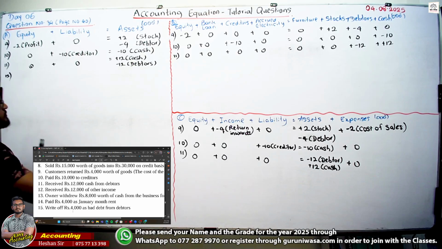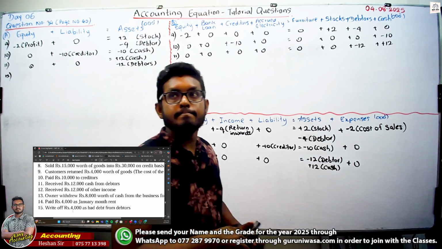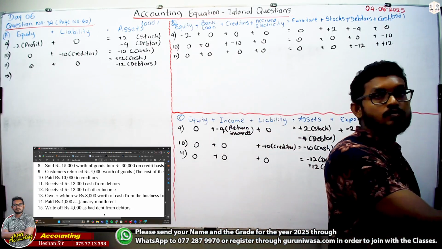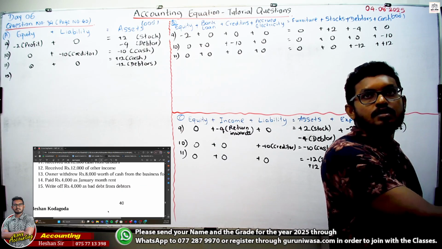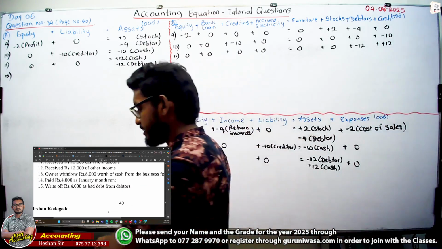Number 12. Receive 12,000 of other income.